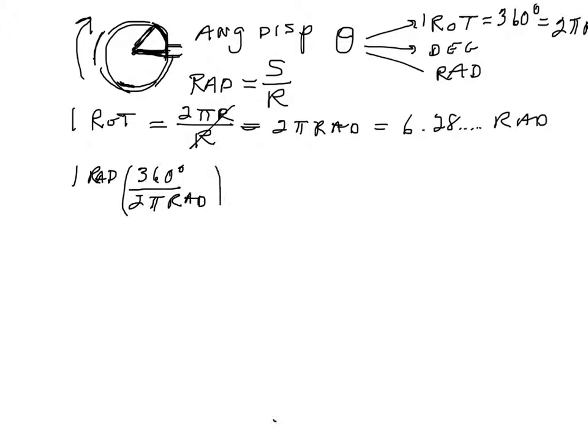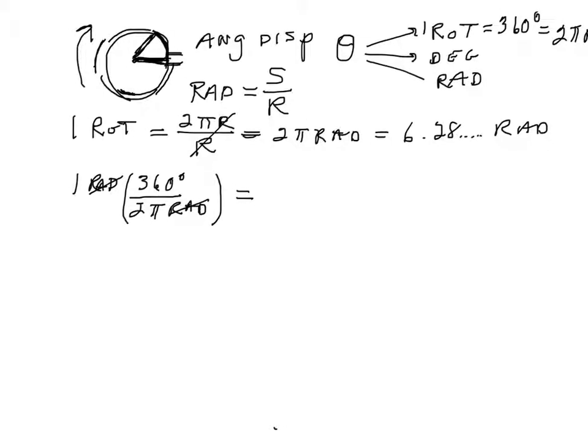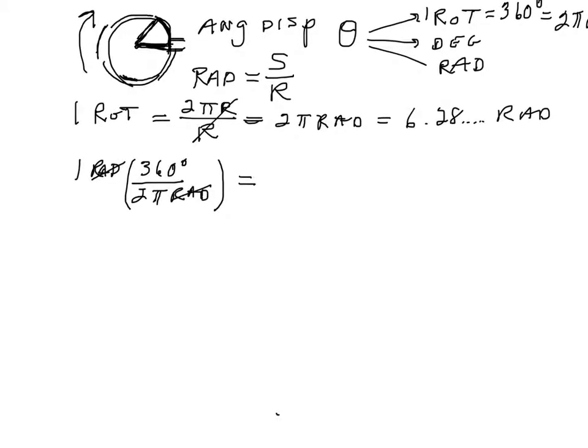That's our conversion factor. I write it that way. The radians will cancel, and I'll end up with an answer in degrees. This ends up being approximately, putting that into the calculator, 57.3 degrees.